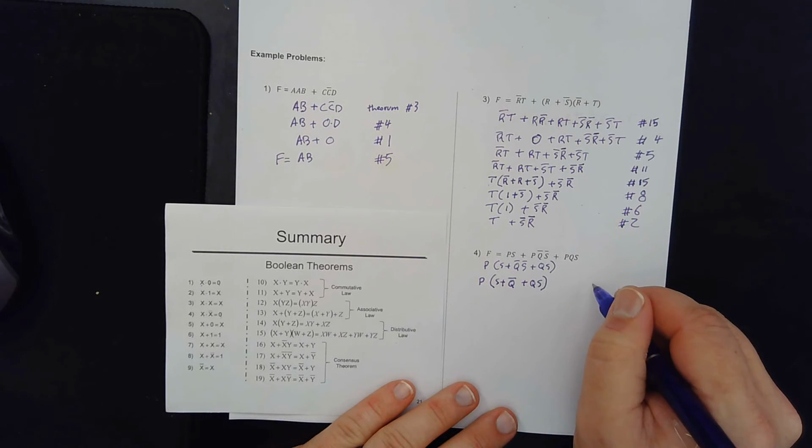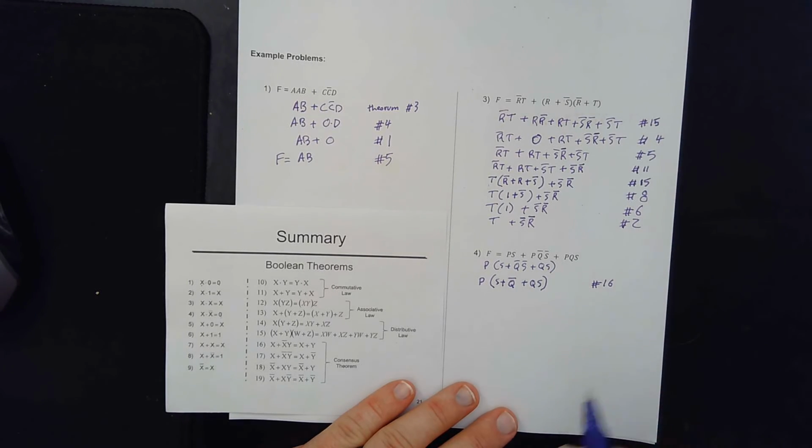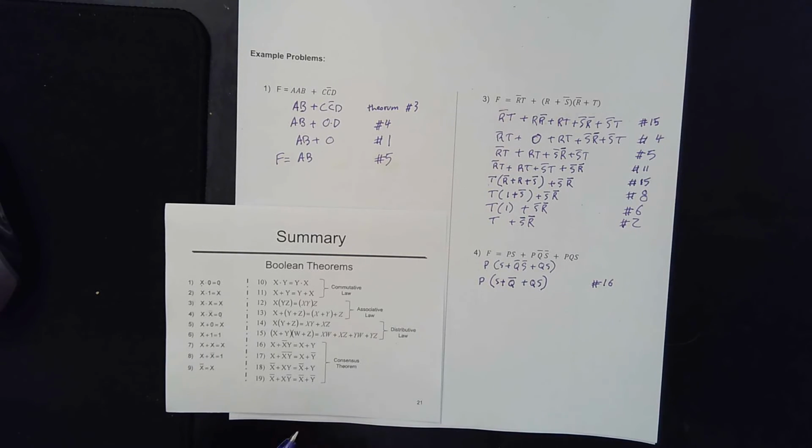Alright, and so that was our consensus theorem. That would have been one of the ones around 16. This is where you're not trying to be too specific with your theorem so much as you are trying to make sure that someone could go and trace your steps back, just to make our lives a little easier.